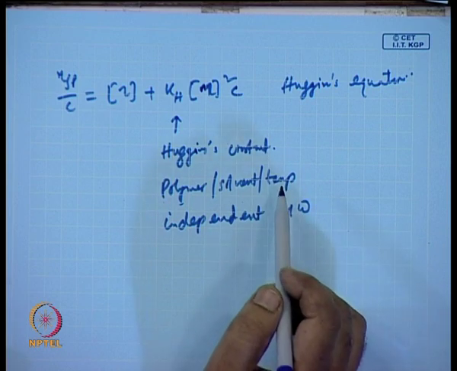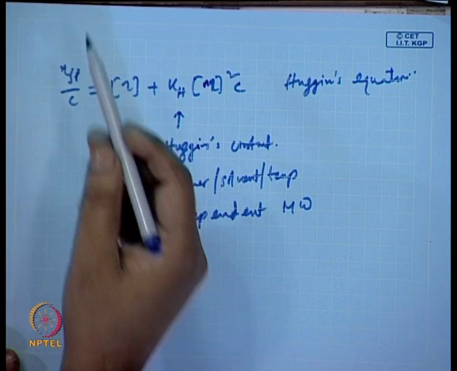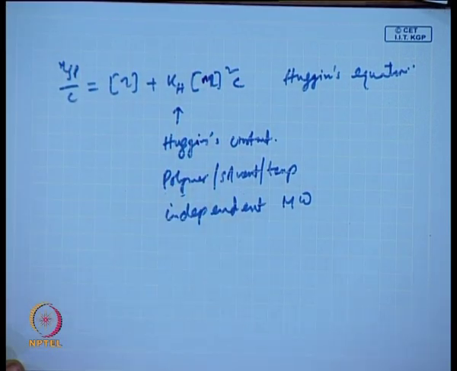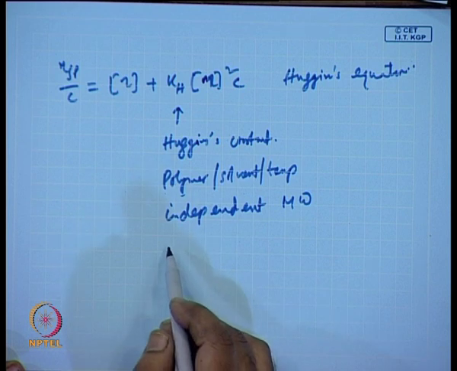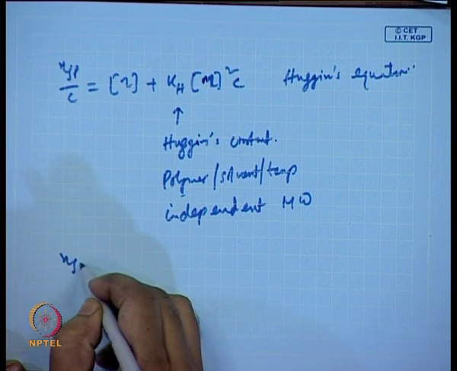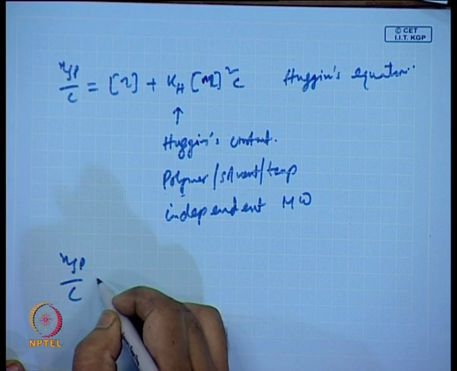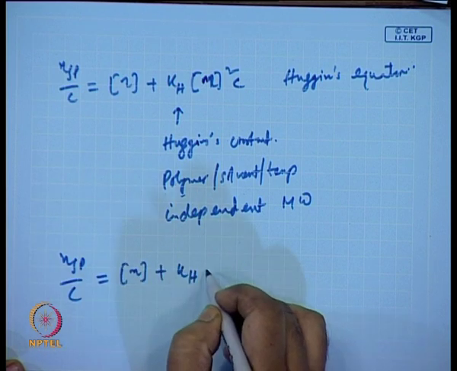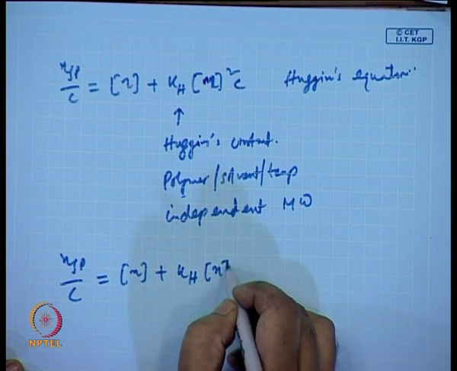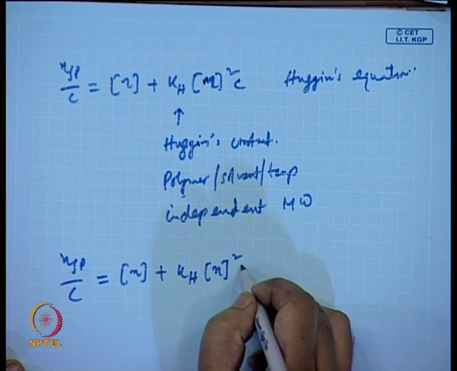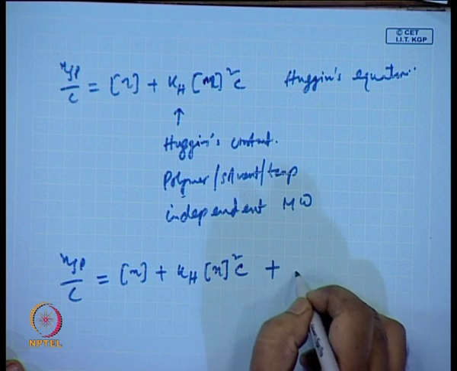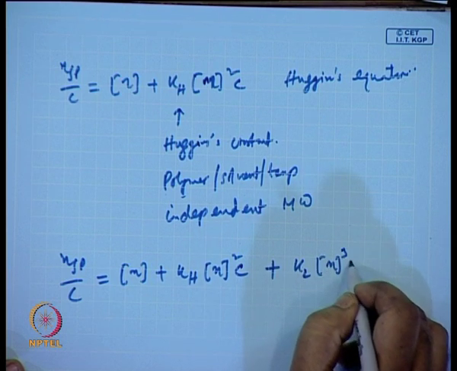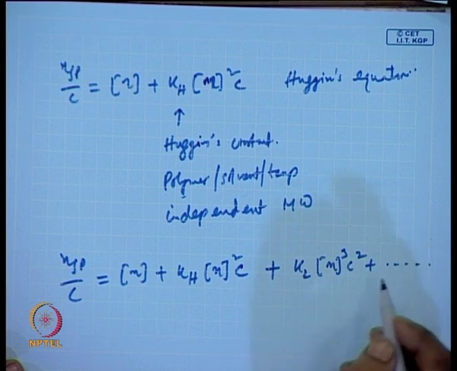Now, if the concentration is a little higher, we talked about this being applicable only for eta_r less than or equal to 2. If the concentration is higher, then this expression can be expressed like the virial expression, eta plus KH eta square C plus other constants times C square, and so on.